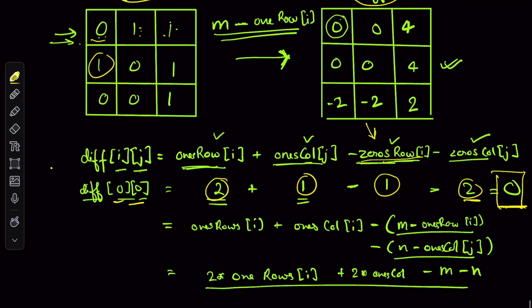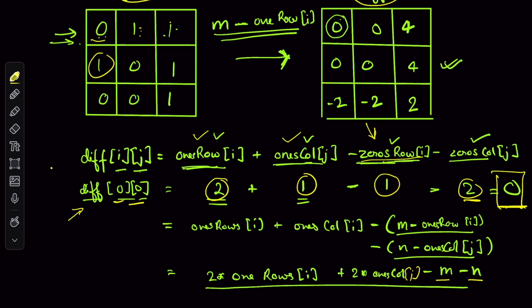So by this we need only two vectors, one for rows and one for columns, to find the cell value of diff. So 2 into onesRow i plus 2 into onesCol j minus m minus n will give us the value of each cell. This way we can calculate the diff matrix.